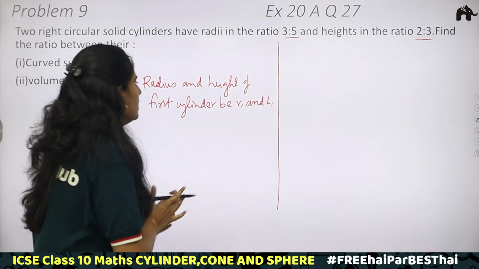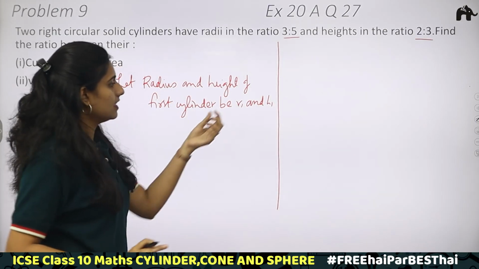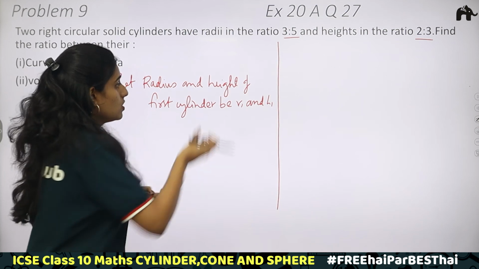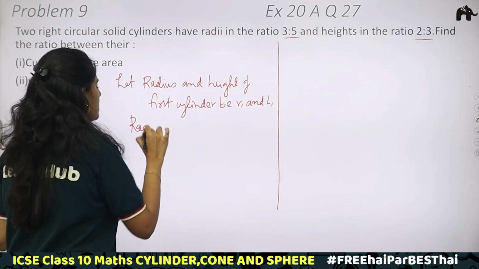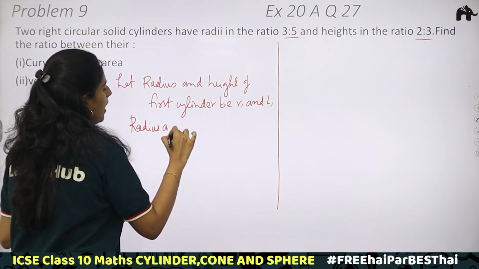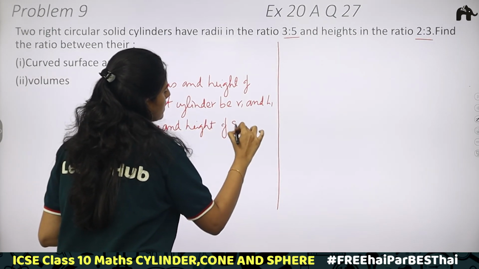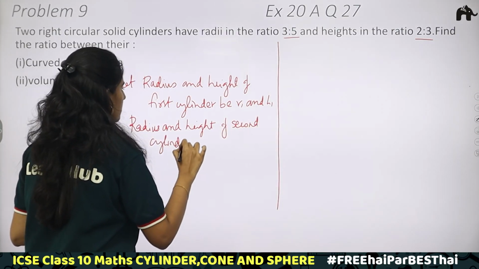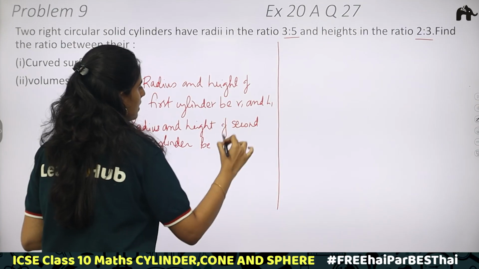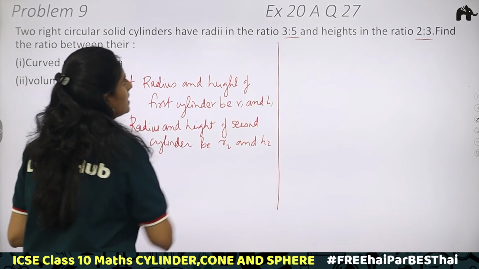We are taking the radius of first cylinder as R1 and the height as H1. Now let the radius and height of second cylinder be R2 and H2. So what is given?